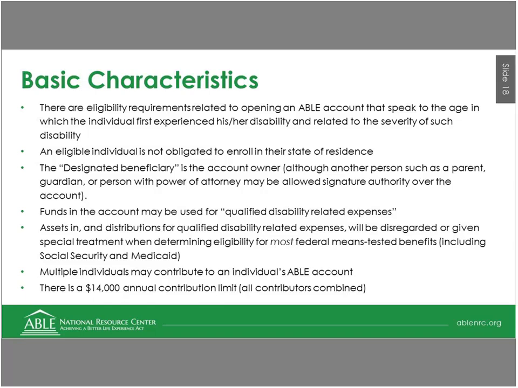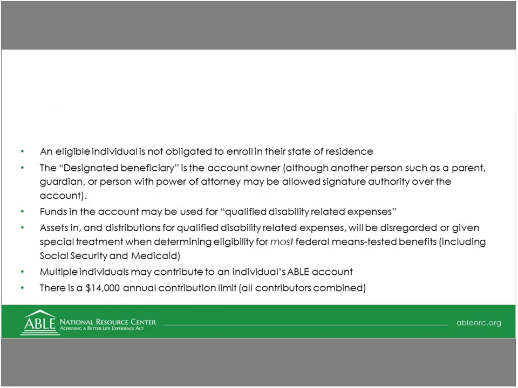Can I then put an extra $5,000 into my ABLE account during that tax year? The answer is unfortunately no. It doesn't matter how many disbursements you make in any given year, you're still only allowed to contribute, all contributors combined, $15,000 in general. Okay, so let's keep moving.